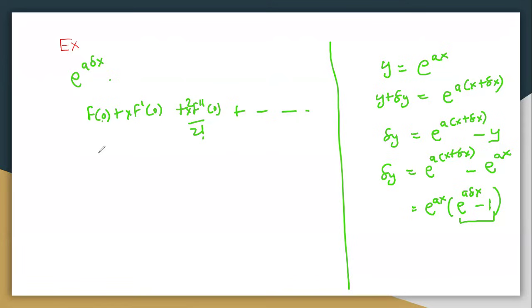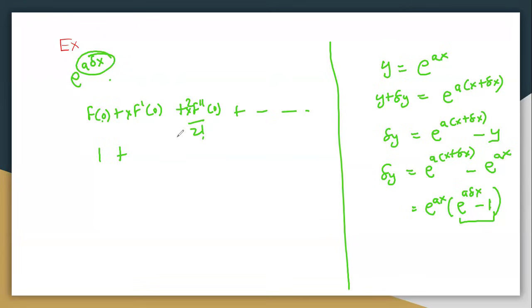When you put f of 0, you get 1 plus your x. For this particular one, ask yourself, what is my x? Check what you are dealing with.